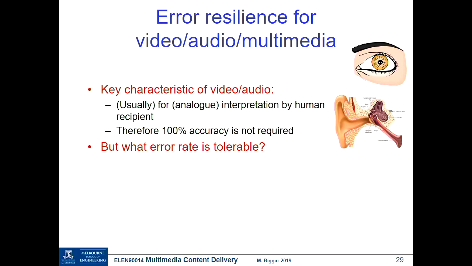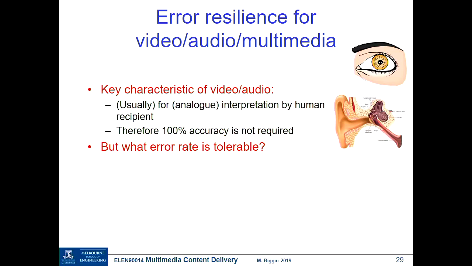I'm not sure if I used exactly this slide before, but we've said multiple times that if we're talking about distribution of video and audio for consumption by a human recipient, then we don't actually need it to be 100% accurate. That's not the only scenario, of course.